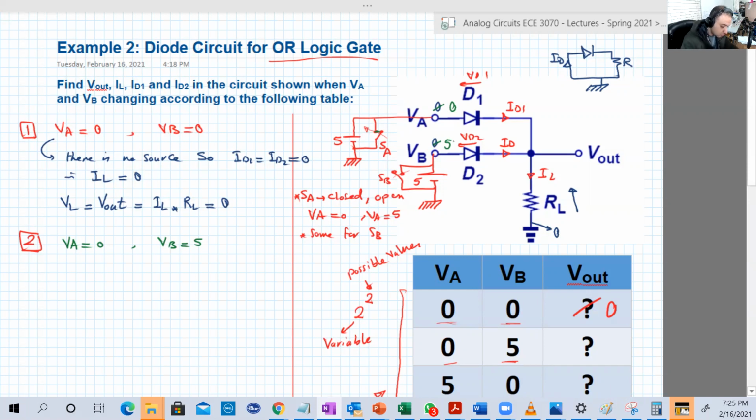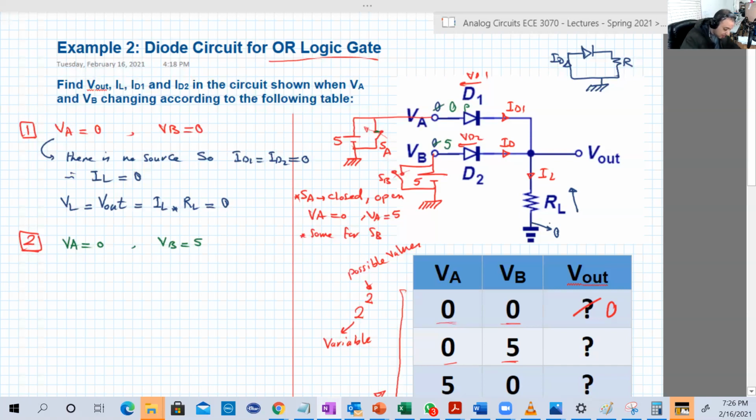Based on that, let's check D1 now. The B terminal of D1 is connected basically to a 0 voltage, and it's also close to the ground here. Remember, for a diode to be forward and take 0.7, its B should be greater than its N by 0.7 so that it can conduct according to the constant voltage model.